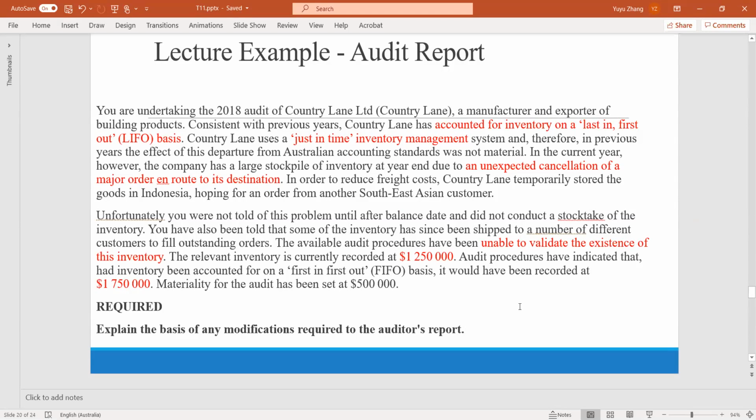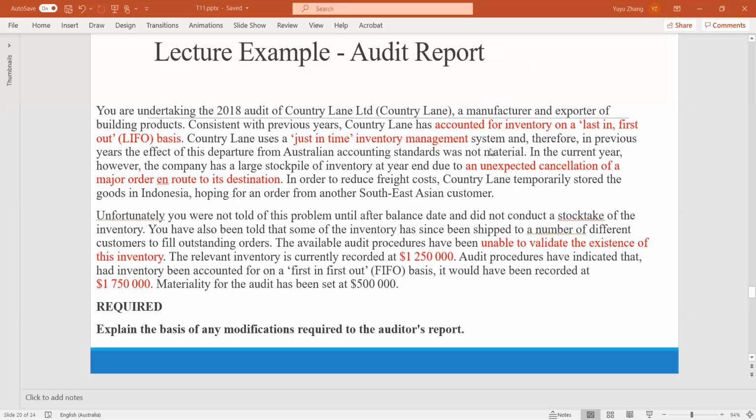Actually, I have already highlighted the important information in red. Ready? Okay.